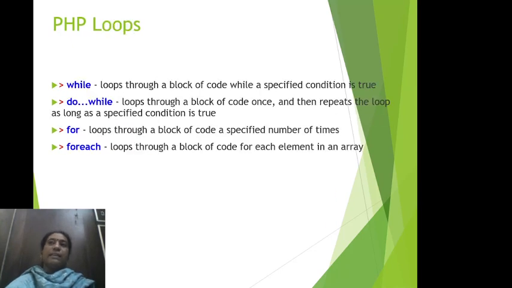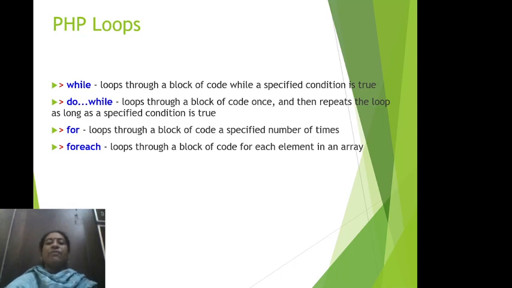Later we will discuss arrays in detail. Now PHP loops: while, do while, for, and foreach. With while, we first check whether the condition is true, and then we move on to the statement. But in do while, at least one time we execute the block, then check whether the condition is true, and if so we move to the block, otherwise we end the statement.